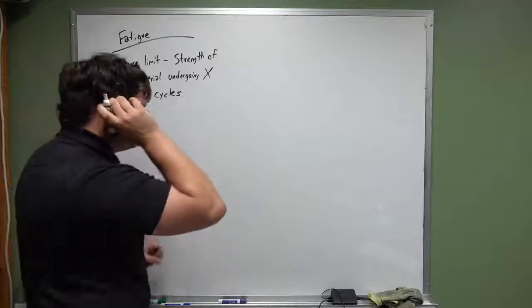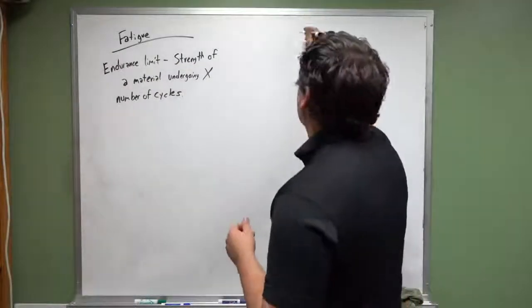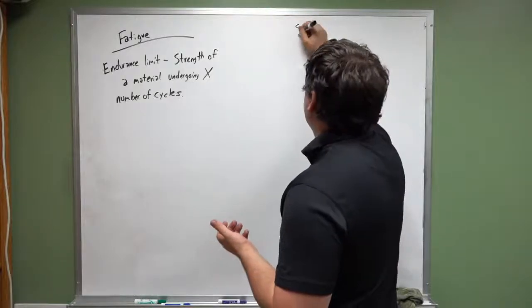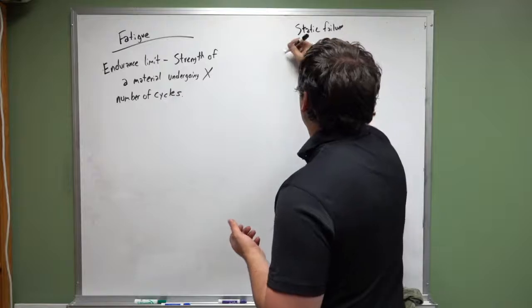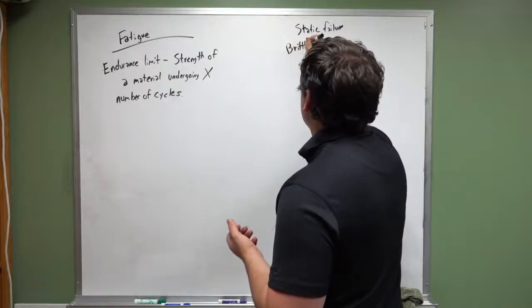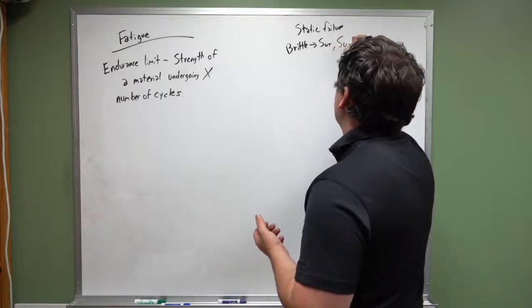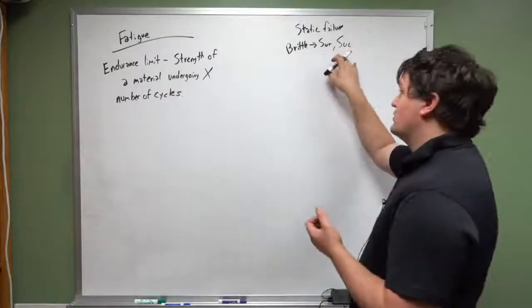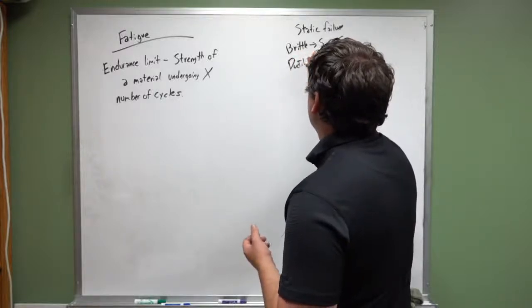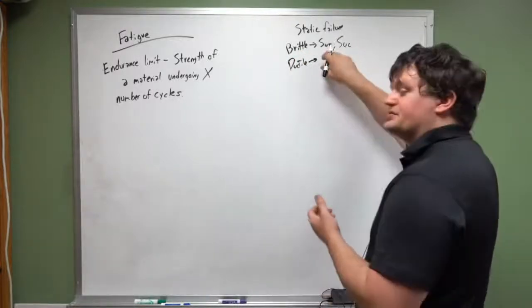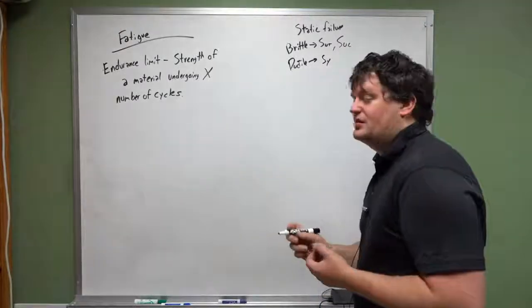Okay, so here in fatigue loading, so for static failure, we had brittle materials that failed under SUT or SUC, which is the ultimate tensile strength or the ultimate compressive strength. And then you had the ductile materials that failed. They could have either failed in tensile or compressive strength, but usually they failed with the yield strength.